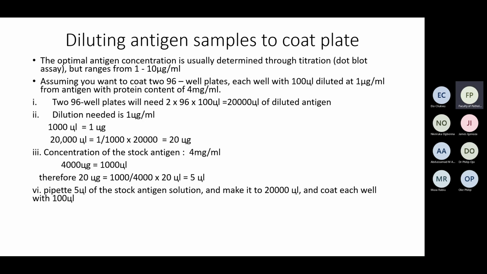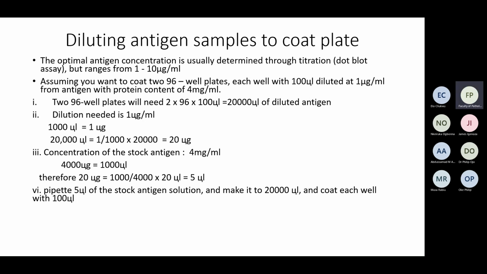So 4,000 micrograms is equal to 1,000 microliters. But you need only 20 micrograms. Therefore, the volume you need will be 1,000 over 4,000 times 20. That will give you just 5 microliters. So what you need is just 5 microliters of your stock solution.